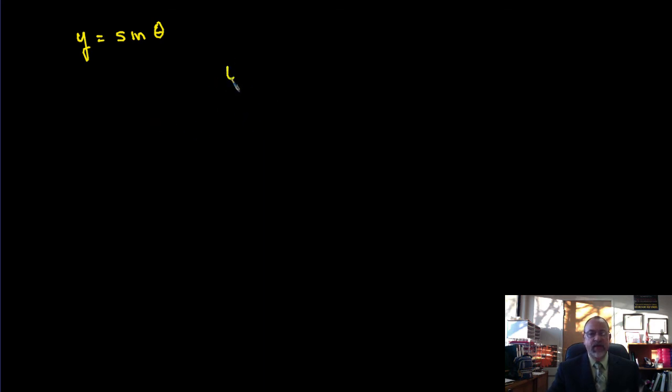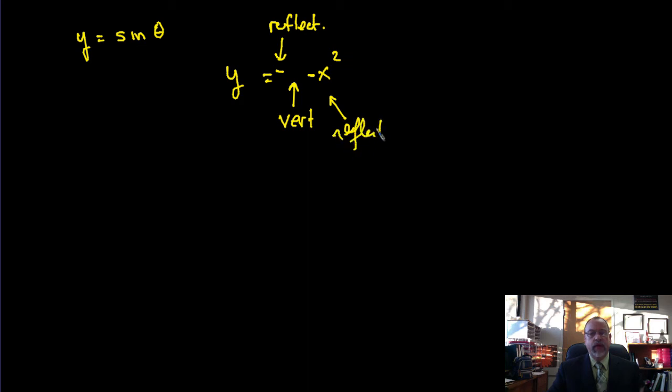So as a review, if we have a function like x squared, the vertical stretch or shrink, remember, shows up in front. If we put a negative sign in front, that's a reflection over the x-axis. If we put a negative sign in front of the x, that's a reflection over y. Okay? If we add something to the x value, then that is a shift right or left.